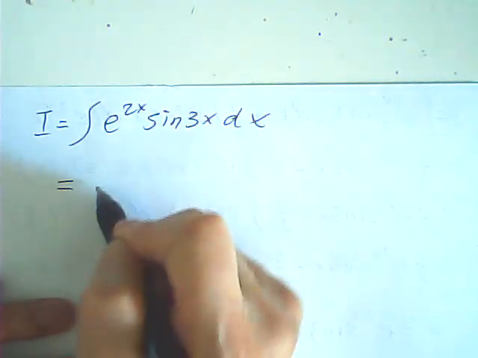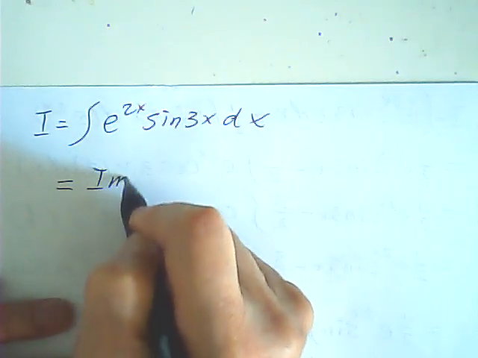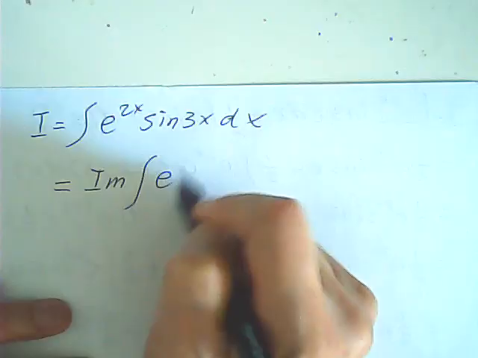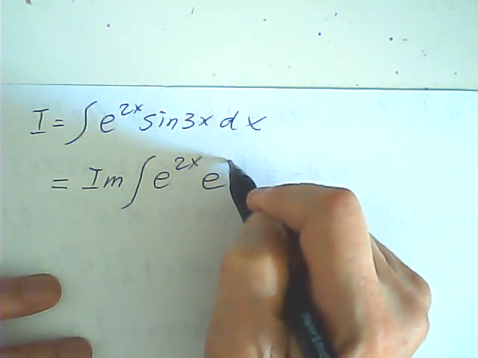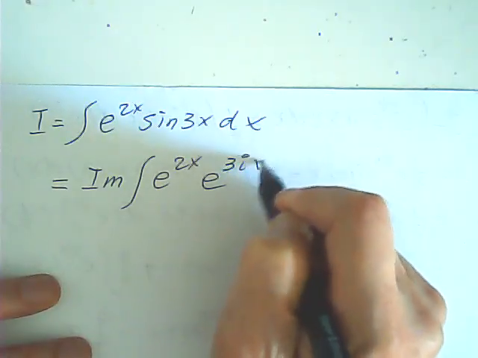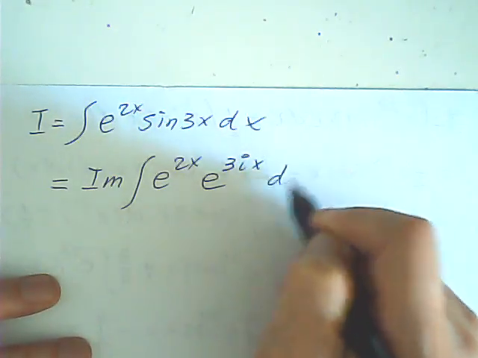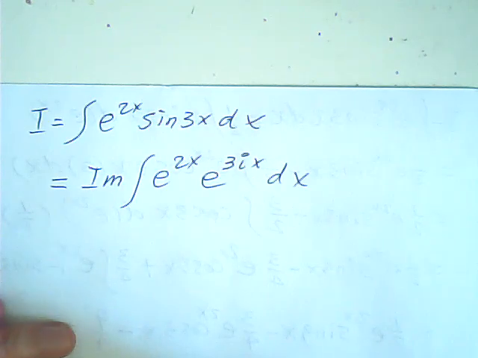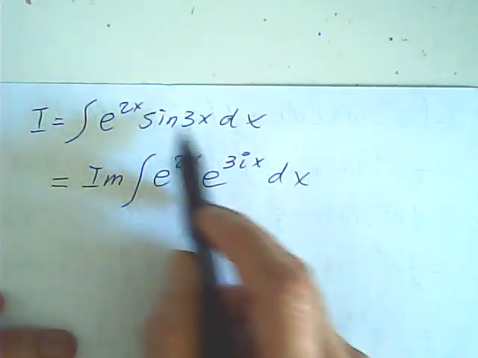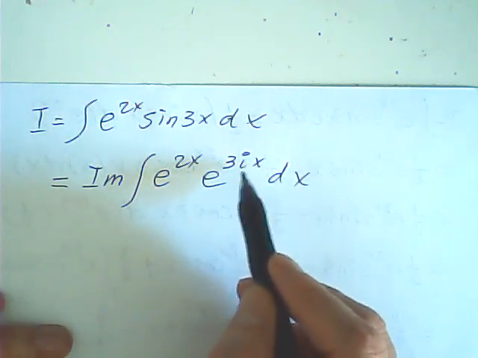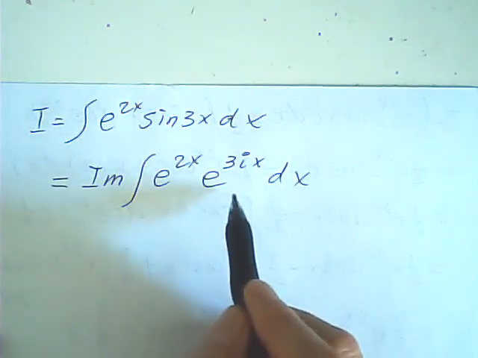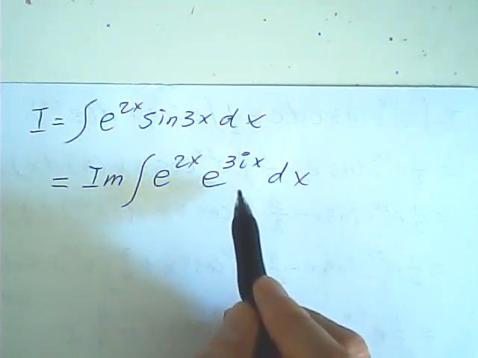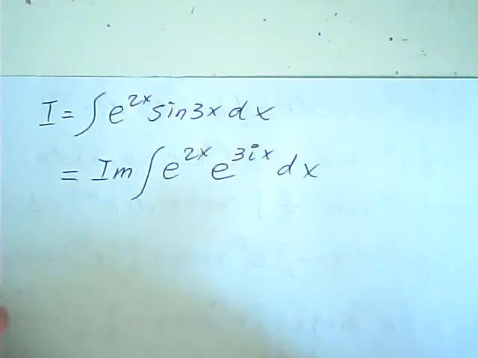So this one is equal to the imaginary part of the integral of e to the 2x and e to the 3ix dx. Yeah, because this is a complex number, right? Cosine 3x plus i sine 3x. Then if I take the imaginary part, that is my given integral.